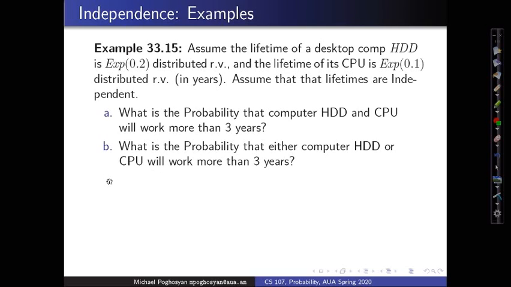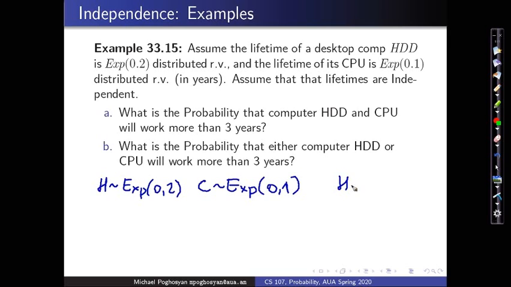So what I want to calculate: H is the lifetime of the hard disk, C is the lifetime of the CPU, so H is exponential with 0.2, and C is exponential with parameter 0.1, and H and C are independent. This is given.